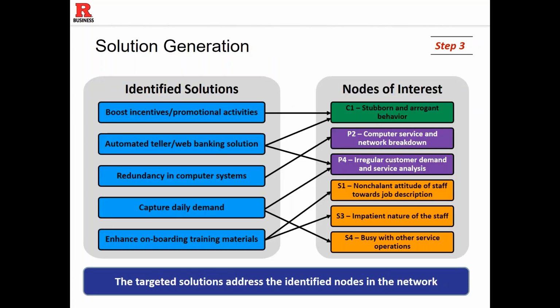So I'm going to transition to the solution generation stage. What the paper had identified as some of their solutions were what you see here on the left-hand side: boosting incentives, promotional activities, automated teller, web banking solutions, and so on and so forth.